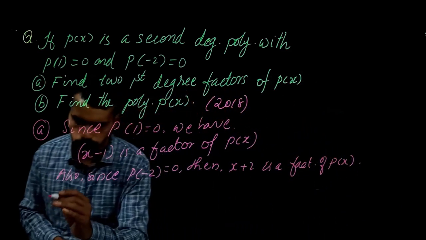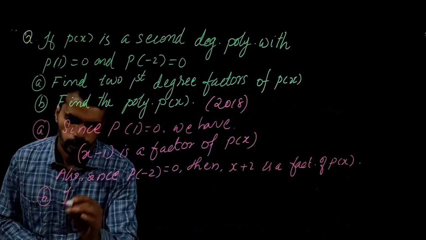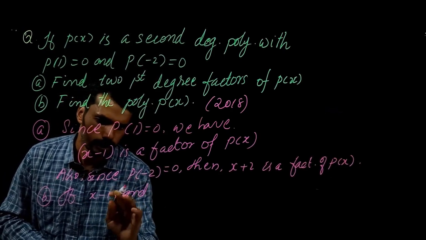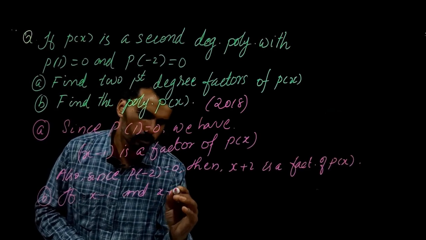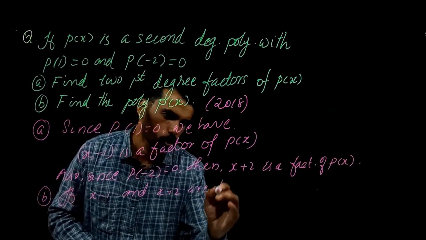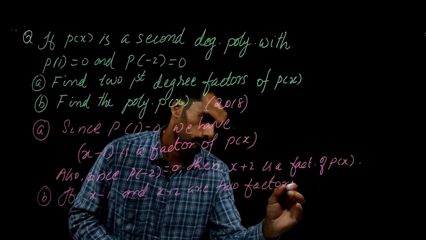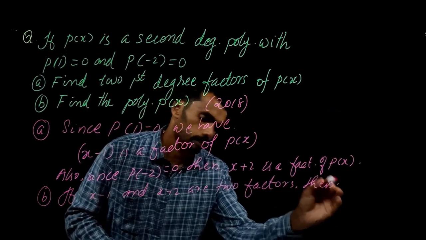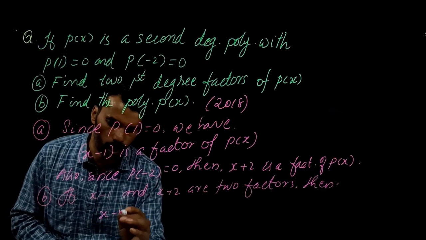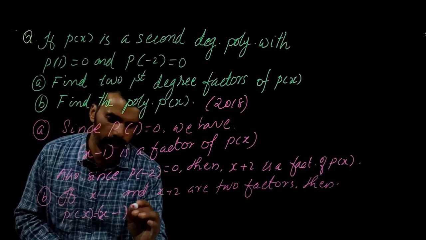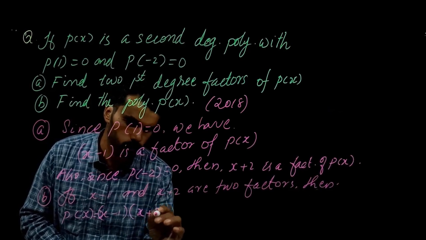So p of x is equal to x minus 1 into x plus 2.